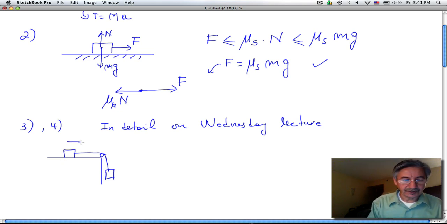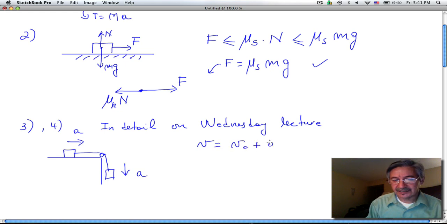So of course, if there is an acceleration in that direction, there's going to be an acceleration in this direction here, and it's the same. Once you have the acceleration, and if that acceleration is constant, then you can calculate the velocity of the object at any time, or you can calculate the displacement of the object at any time, given the information that you have. So that should be straightforward.